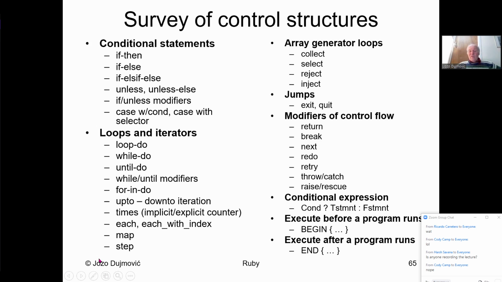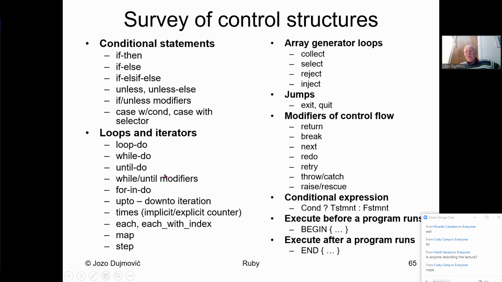Step is stolen from Fortran and BASIC from last century. So you can have real numbers that go with steps, 0.1, and create a loop with step. All these iterators are available. Compare that with any language that you know, and you will see that you have more here than in other languages, particularly procedural languages.